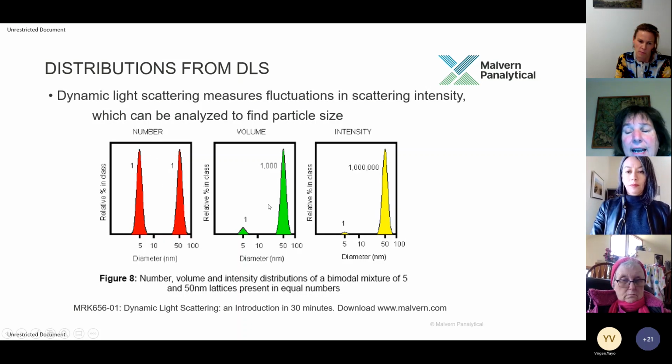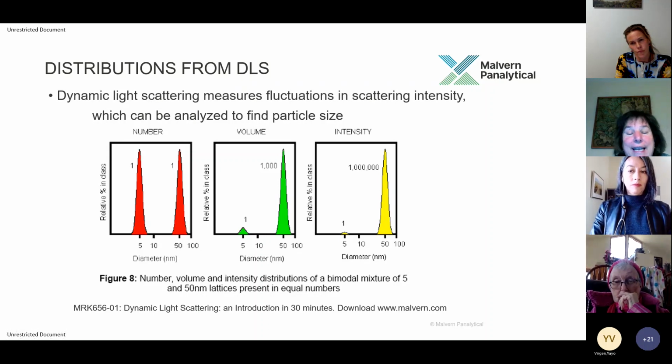Having said that, I've seen data that's very good. I've transformed it myself from intensity to volume, volume to number, and the number distribution was exactly what we got off of microscopy results. So if your data is good, you can make these transformations and your number distribution will be fine.